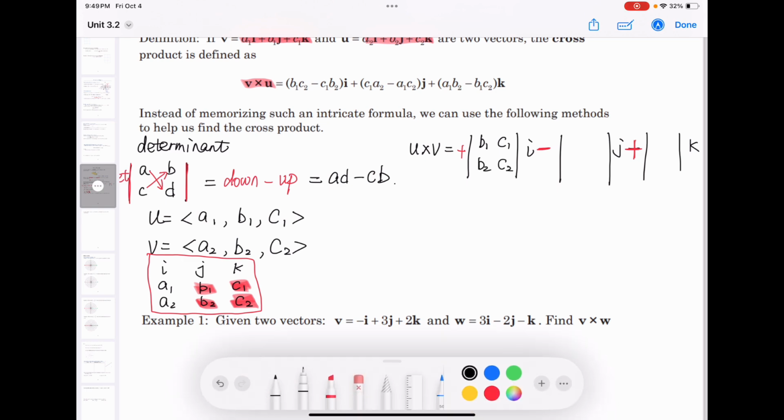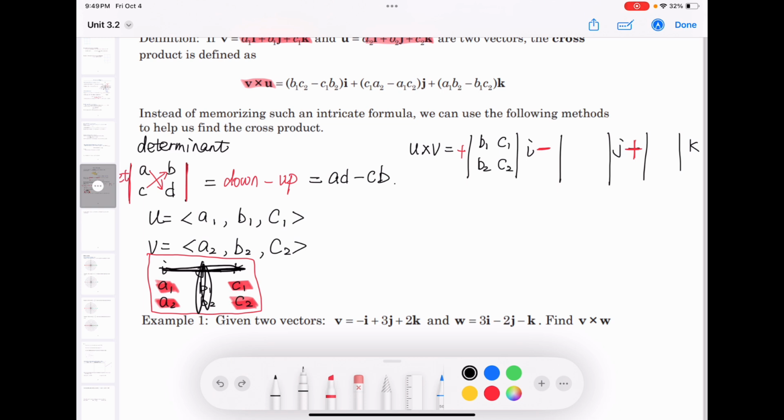And for the second determinant, what should I do? Let's clean this. So I'm highlighting the A sub 1, A sub 2, C sub 1, C sub 2. I should ignore the horizontal line of J and the vertical line of the J because I'm multiplying by a J here.